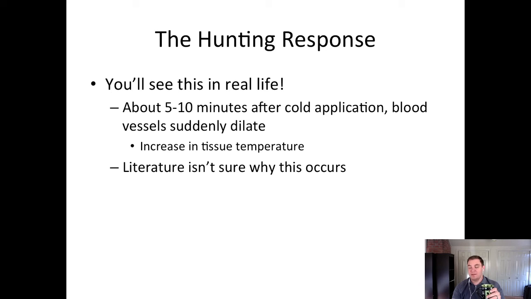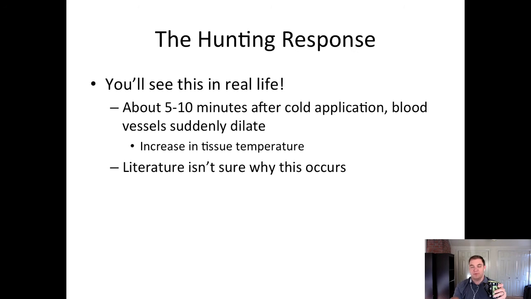We see this in lab every year. The students think I'm nuts when I say they take a tissue temperature every 5 minutes. We place the ice pack on each other for 20 minutes, and every 5 minutes they're taking their tissue temperature, recording it, and doing some data. They notice between that 5 and 10 minute mark, that temperature spikes, and then bam, it drops all of a sudden. Again, literature really isn't sure why this happens, but you will see this, the hunting response.